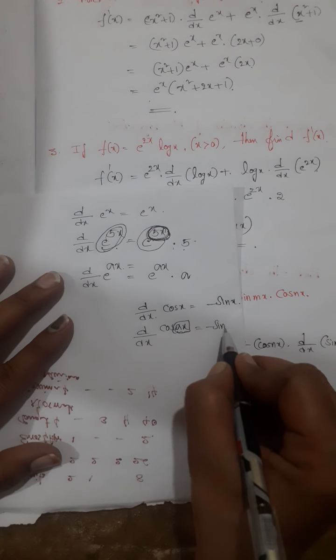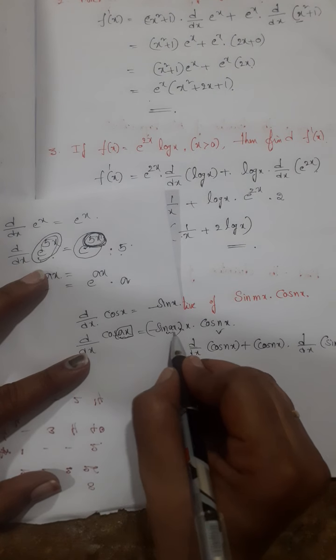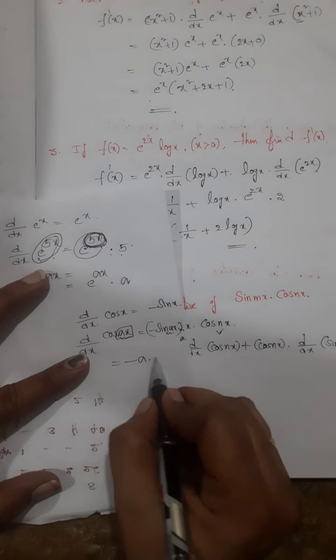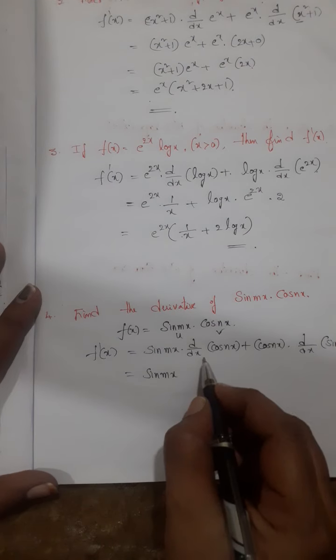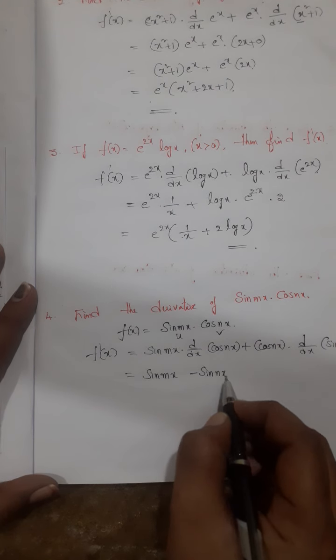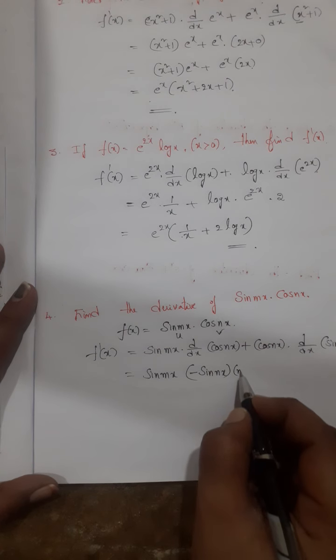It is minus sin ax as per the definition into, for ax if I do the differentiation you will get a. So that is minus a into sin ax. So the differentiation of cos nx is minus sin nx, and for nx the differentiation is n.